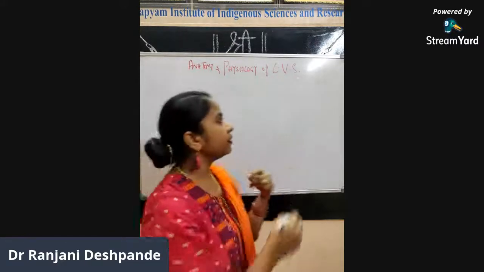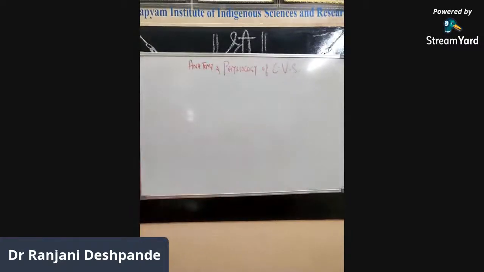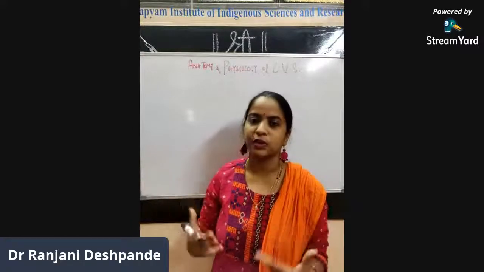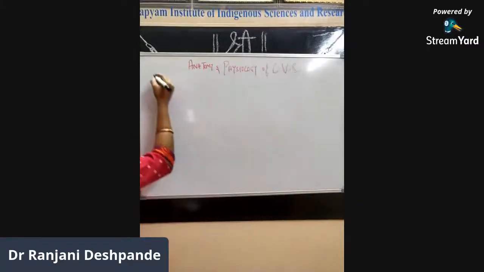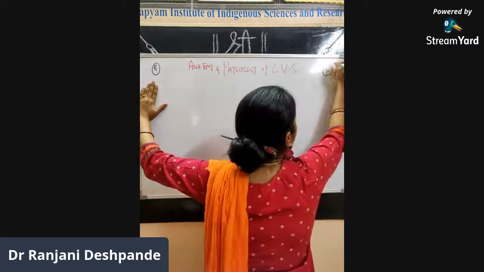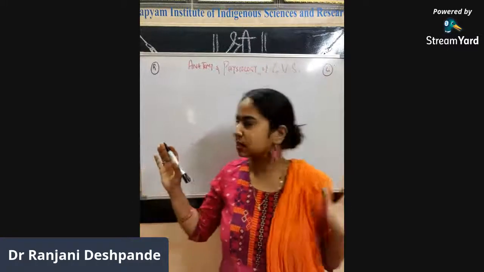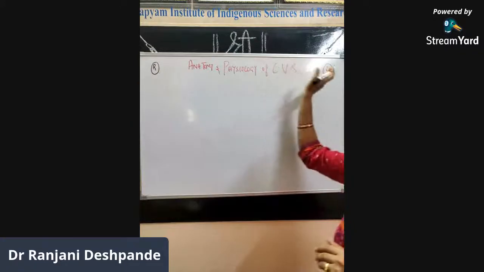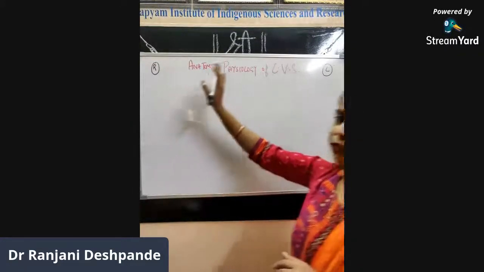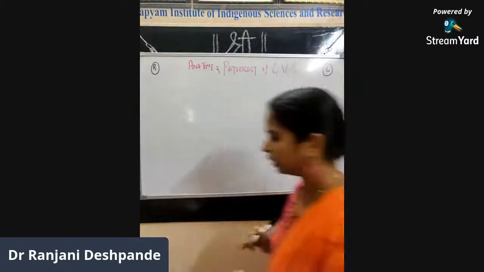The very first thing when we are learning the anatomy of any organ: whoever is drawing the diagram on the board, kindly keep a note and always keep this in your mind. This is the right side, this is the right part of the organ, and this will be the left part of the organ.